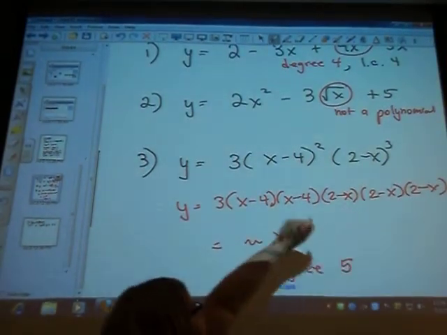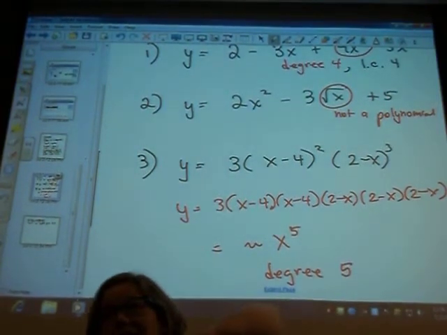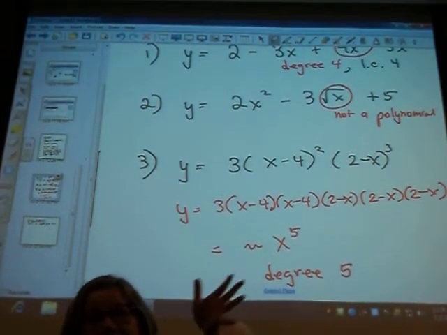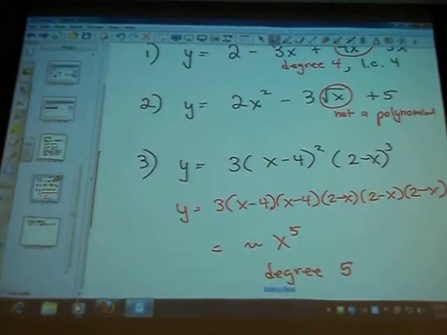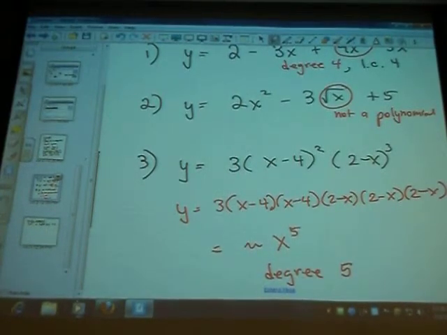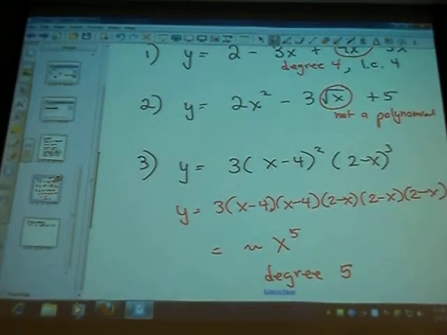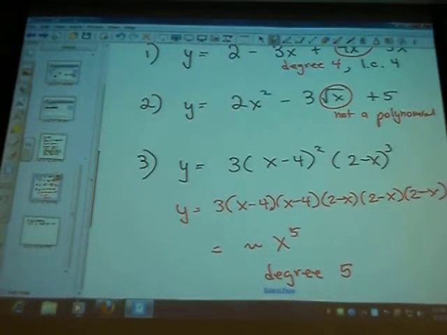So you really do have to write it all out. That was a 3, 2 1s, and 3 negative 1s. 3 negatives is negative 3. Okay? So just imagine multiplying all the coefficients of x together: 1, 1, negative 1, times negative 1, times negative 1.